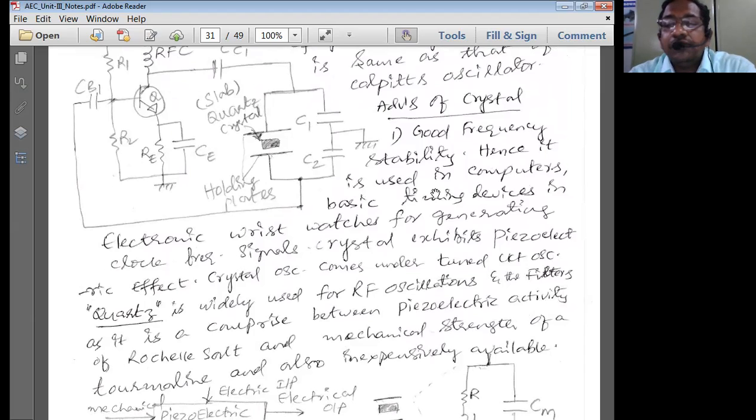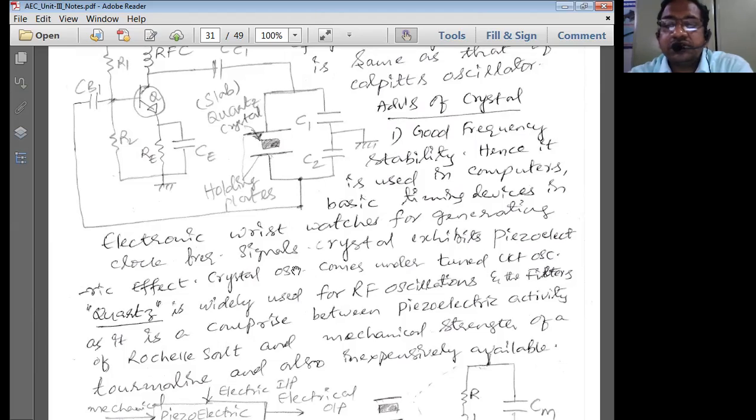If we want a stable frequency output, if we want to achieve stability in terms of frequency, we go with crystal oscillators. Hence it is used in computers, basic timing devices, and electronic wristwatches for generating clock frequency signals.